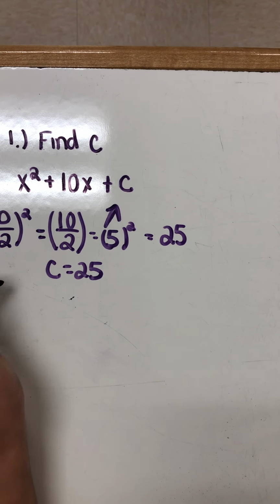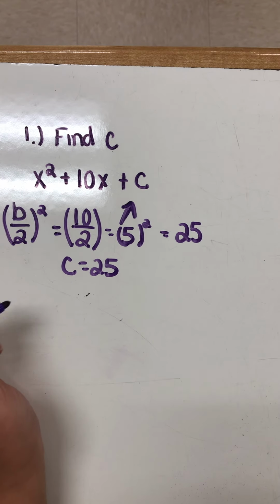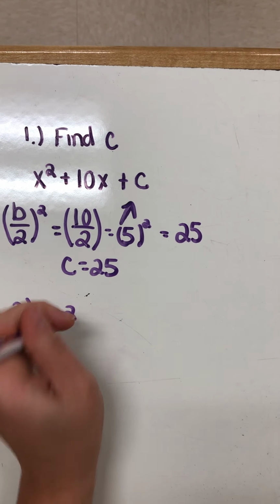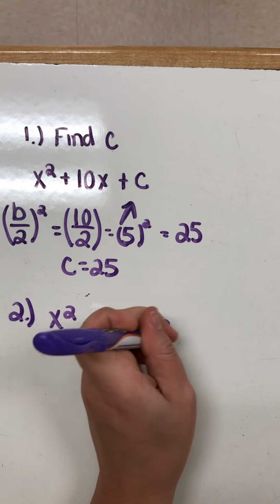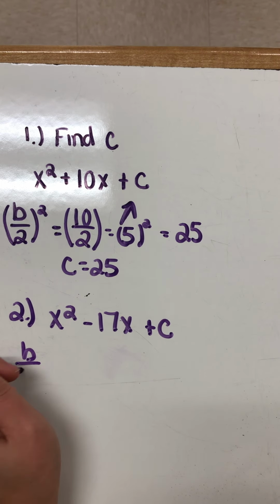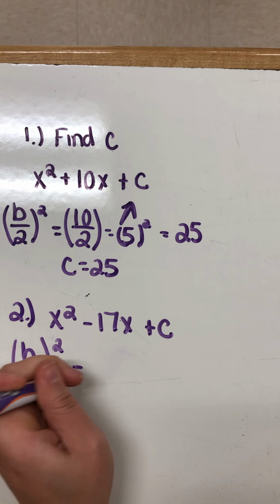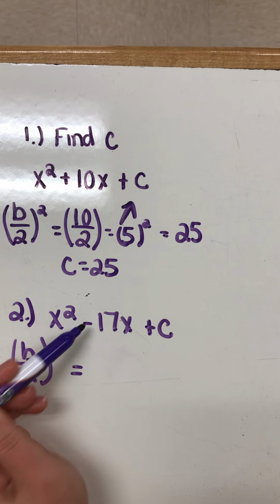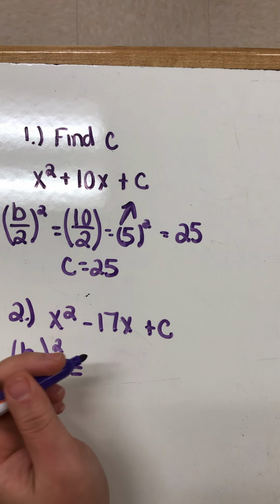Let's try another one that maybe has a fraction answer in it. Number 2, I have x squared minus 17x plus c. Again, take your b value, divide it by 2, and then square it. I always write that out. It'll help a lot. I never take the negative sign with me because in my opinion it confuses people.